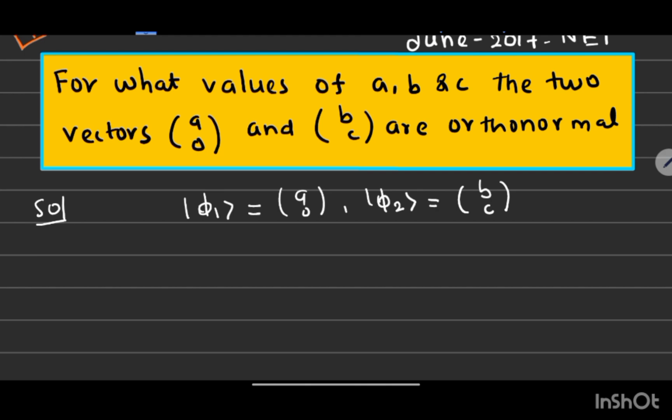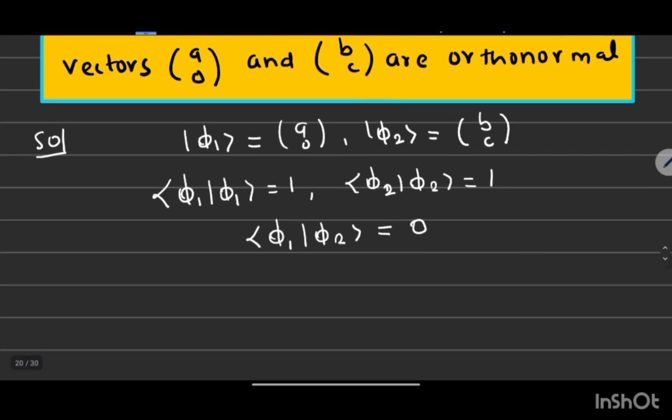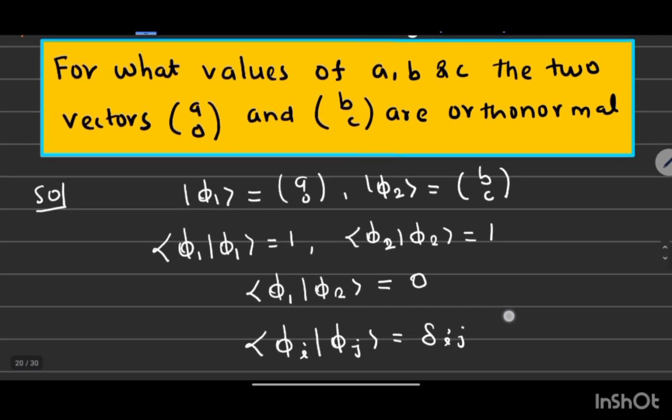The inner product of phi1 with phi1 should give us 1, the inner product of phi2 with phi2 should give 1, and the inner product of phi1 with phi2 should give 0. So basically we are using the orthonormality condition: inner product of phi i with phi j is equal to delta ij.